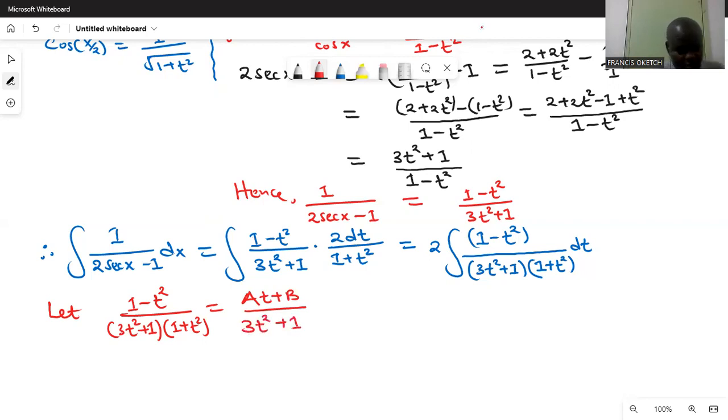Remember, I told you that when the denominator is linear, the numerator is constant. When the denominator is a quadratic factor, the numerator must be linear. So we also add plus ct plus d over 1 plus t squared. When you multiply both sides of this equation by the LCM, we are going to get this.